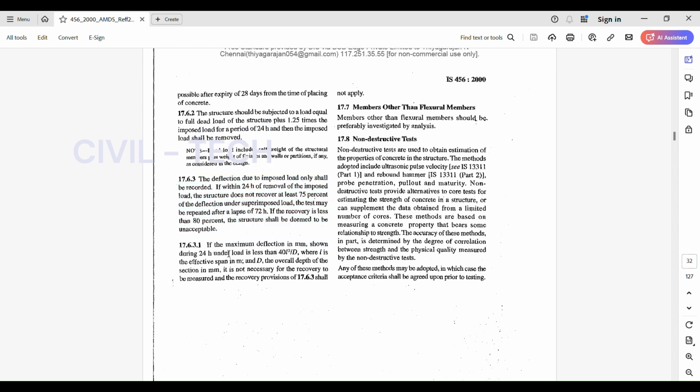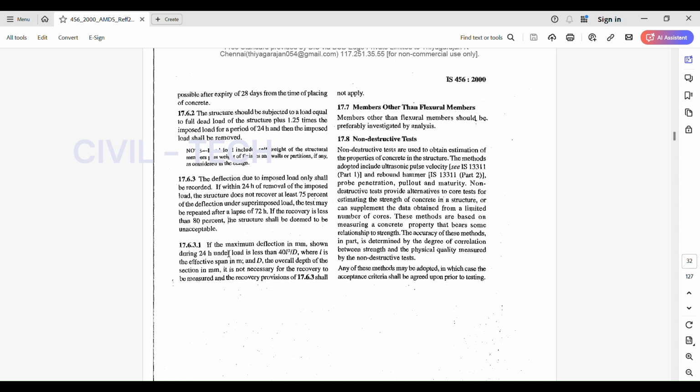Example: a 10 meter by 3 meter slab is there. Over the slab, we need to put the dead load and 1.2 times the imposed loads as sandbags or solid blocks, and record the 0 hour deflection in the soffit of the member at a particular location.